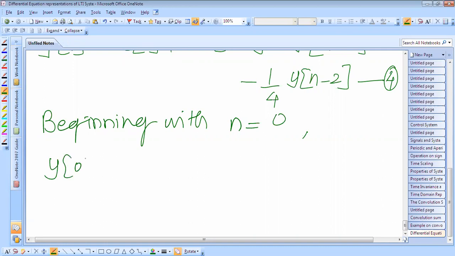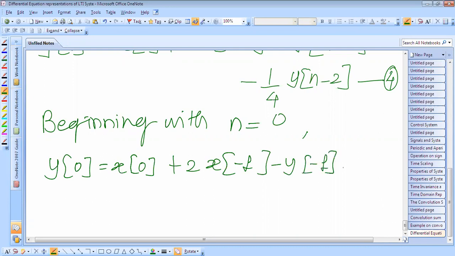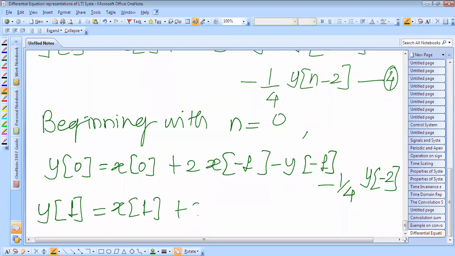So y of 0 is equal to x of 0 plus 2 into x of minus 1 minus y of minus 1 minus 1 over 4 y of minus 2. Next is y of 1, by putting n equal to 1 in the output equation: x of 1 plus 2 into x of 0 minus y of 0 minus 1 over 4 y of minus 1.